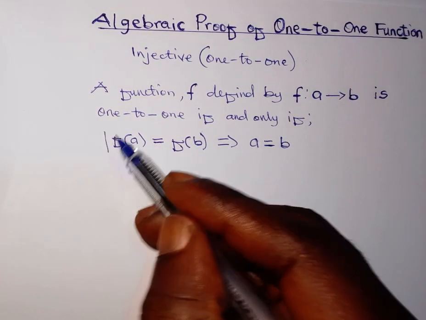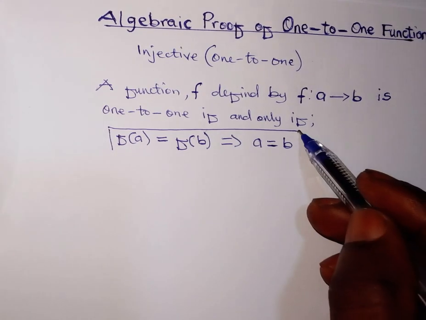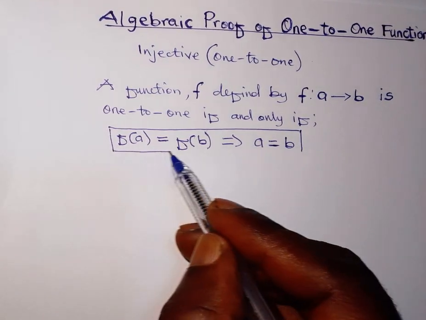So this is the algebraic proof of a function being one-to-one.